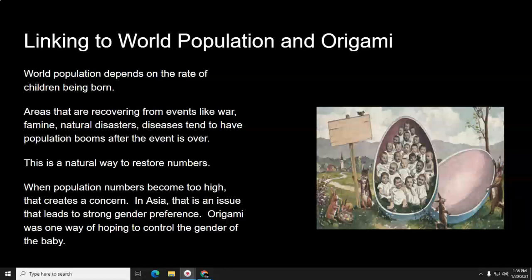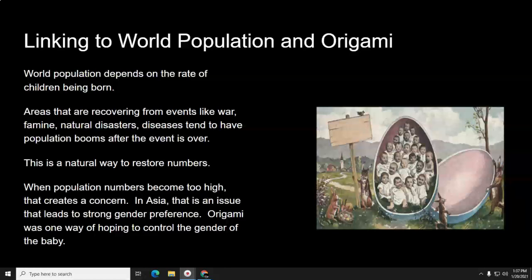So we treat disease and injury and all of that sooner and better, and there's a greater chance of overall lifetime survival. And babies have a much better chance of surviving than they used to. 100 years ago, 120 years ago, you had about a 1 in 3 chance of a baby dying.